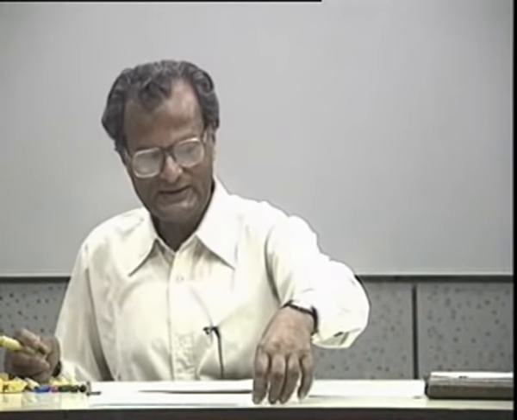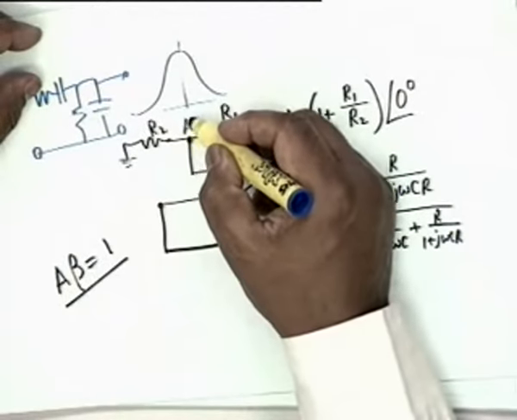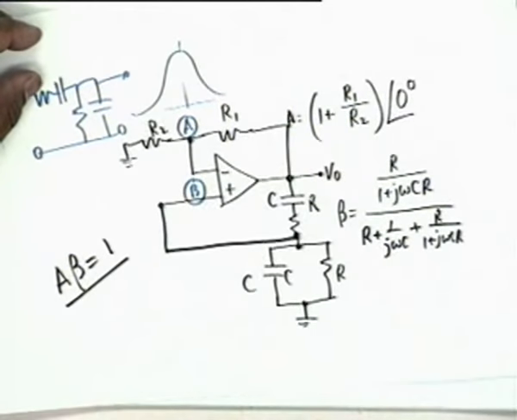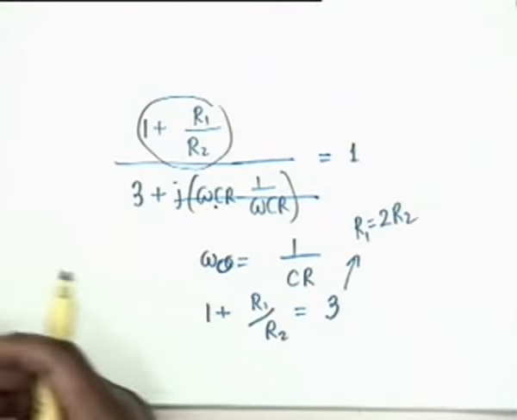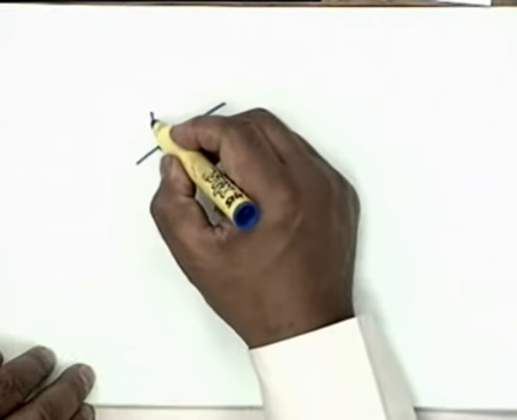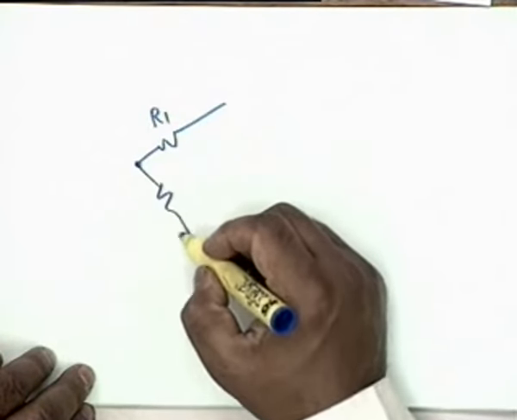If you look at this circuit, and call this point A and this point B, then you can redraw this circuit in the following manner. You can redraw it in the form of a bridge. R1 and R2.